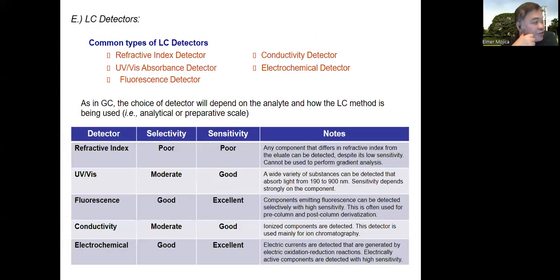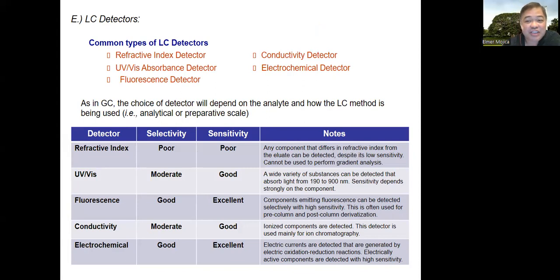Okay? Now, let's go with the detector. If we're going to look at the detector, the more sensitive it is, or the lower the detection limit, the more money that you need. As you could see here, the best one, although it's not included here, is mass spec.